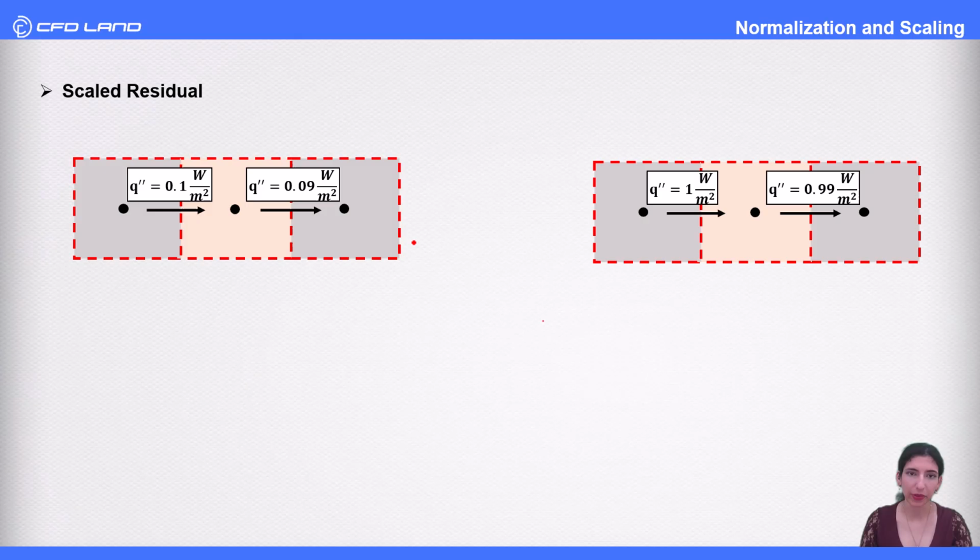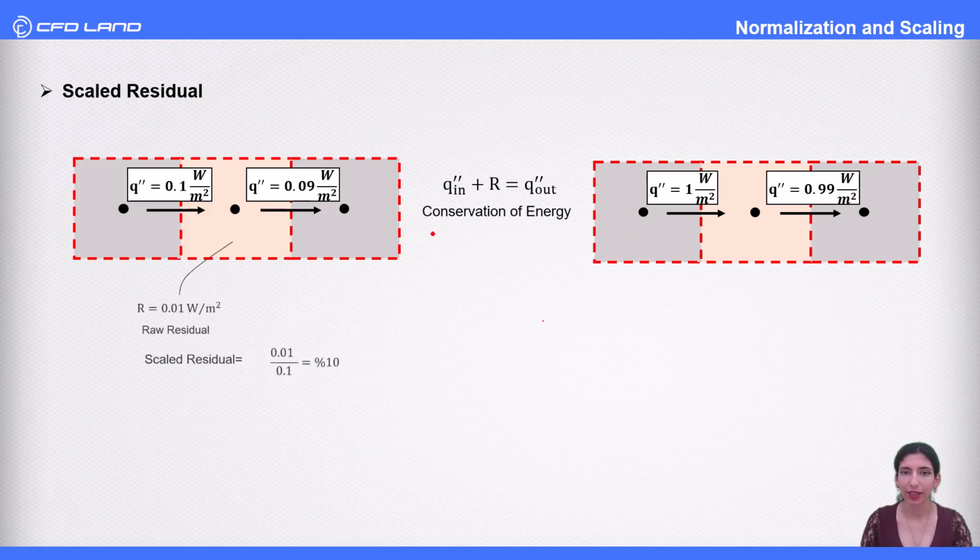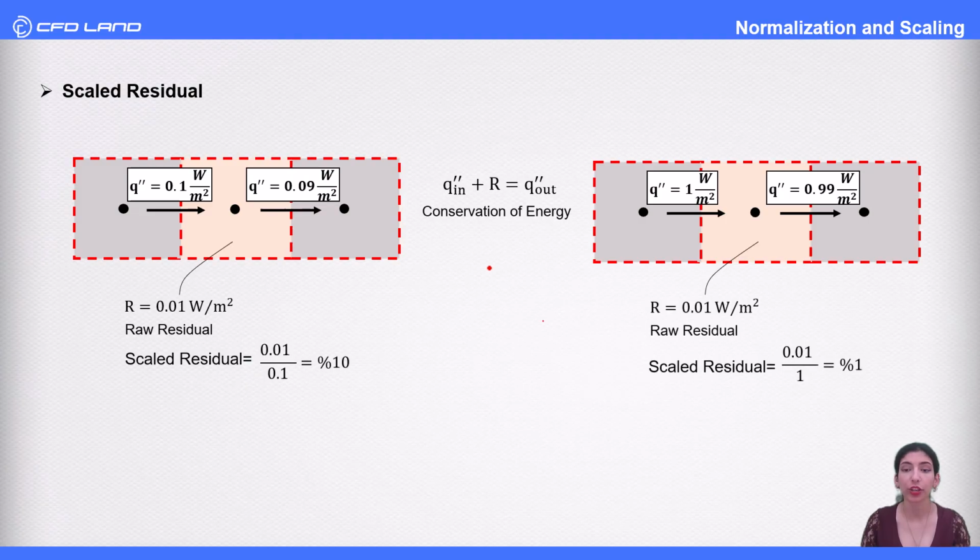As you calculate residuals for both cases, you see that the residuals are equal to 0.01 watt per meter square. So, are both cases converged?